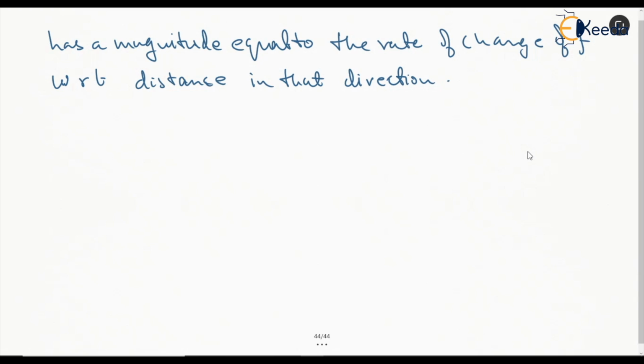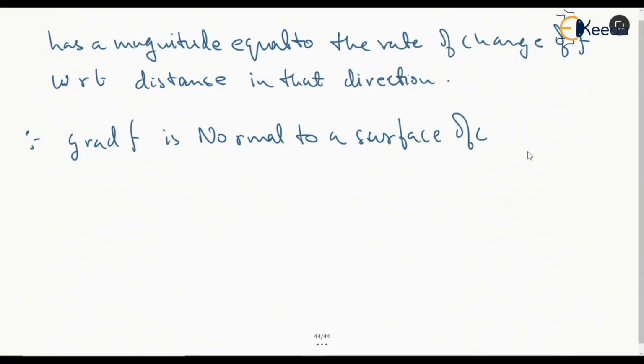Also, this gradient, grad f, is normal to a surface of constant field, right? This gradient can be used to find the normal at some point of the surface.